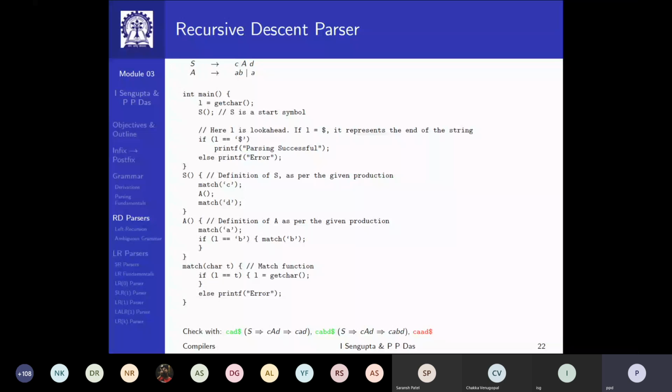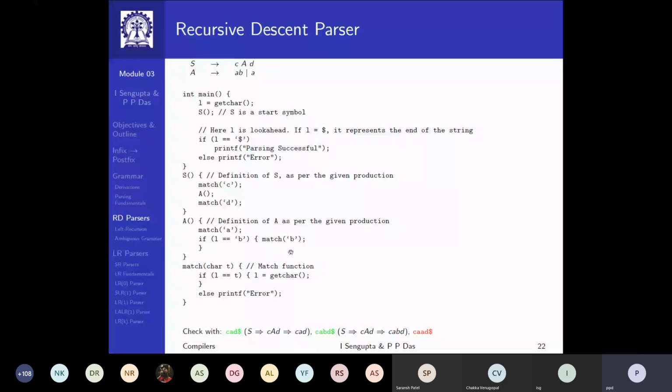So you check if your look ahead is B. If your look ahead is B, you do a match. The reason you still call match is that match has two roles. One is to actually match, and the other is to update the look ahead character. So you do L equal to B and then match B.